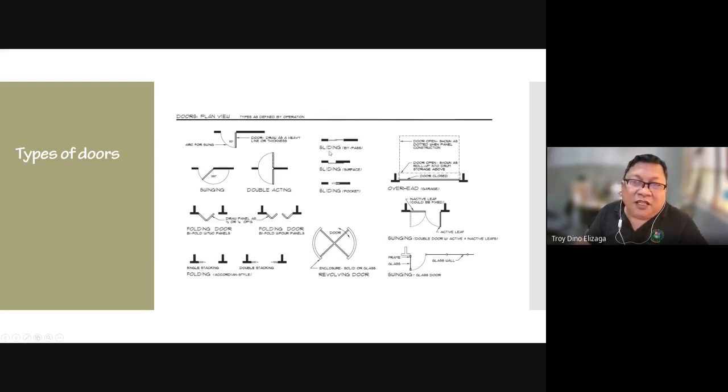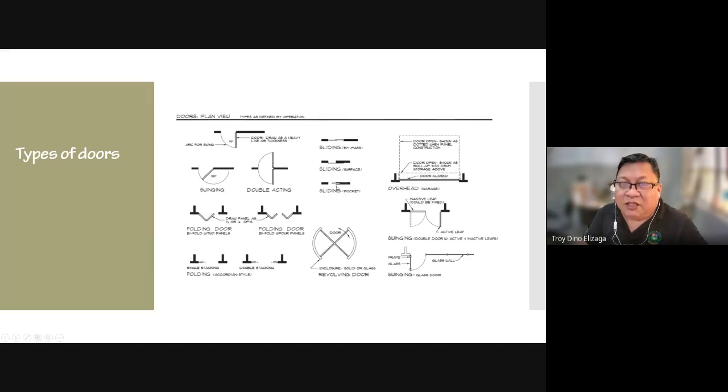And then you have a sliding door where they bypass, one hides onto the other door, or maybe it slides along the surface. It looks like this, or maybe it pockets. It inserts itself inside the wall. This is normally used in very small spaces, like walk-in closets.